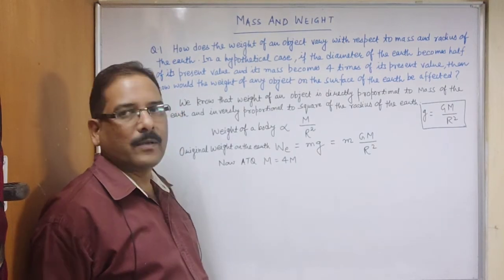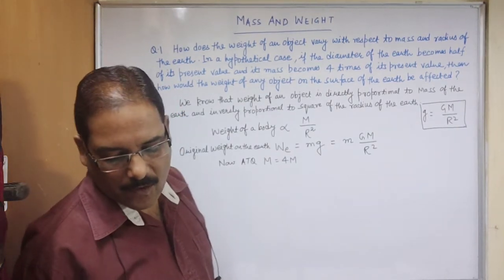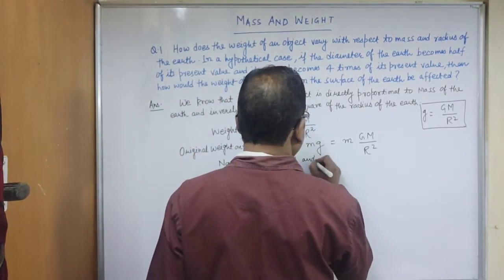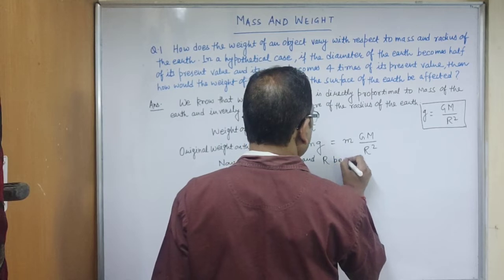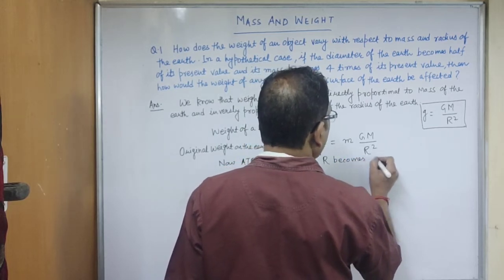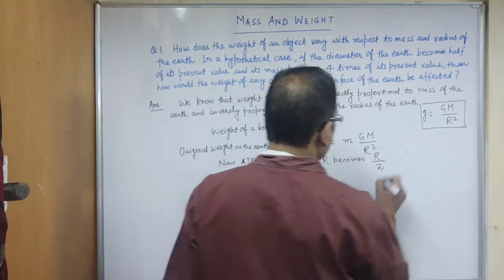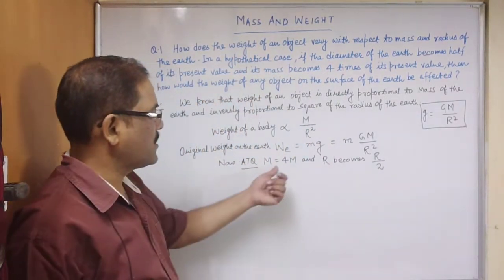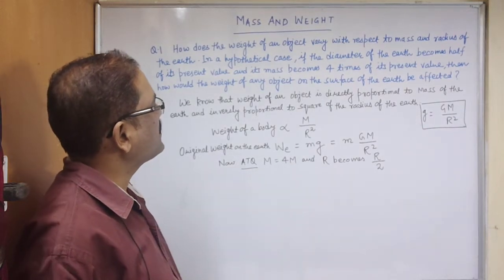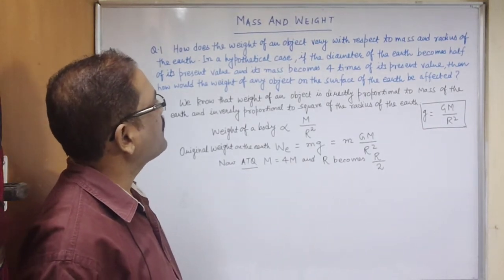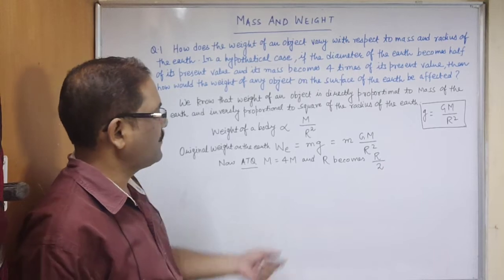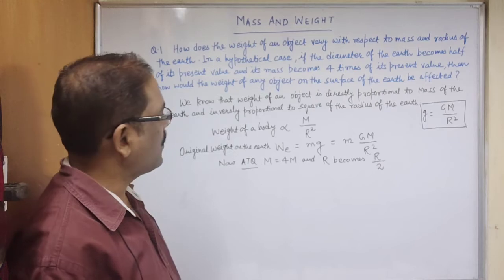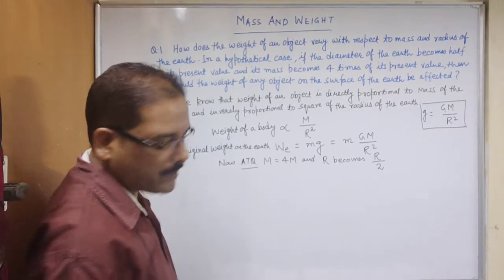So if diameter will be half, radius will also be half, and R becomes R by 2. The mass becomes 4 times its present value and the diameter of earth becomes half, so radius also decreases to half. So now calculate the weight.